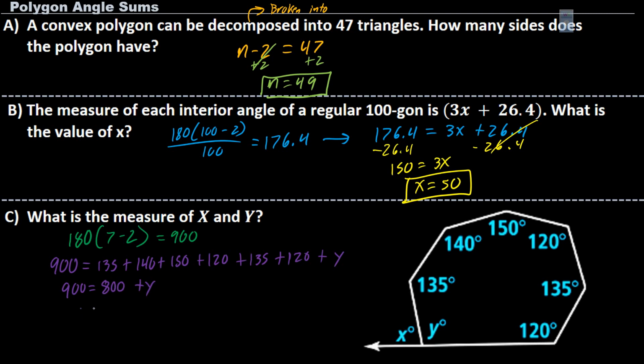So if we subtract that, y is equal to 100. And x is an exterior angle to that, so 180 minus 100 jumps us out to where x is, which is 80.